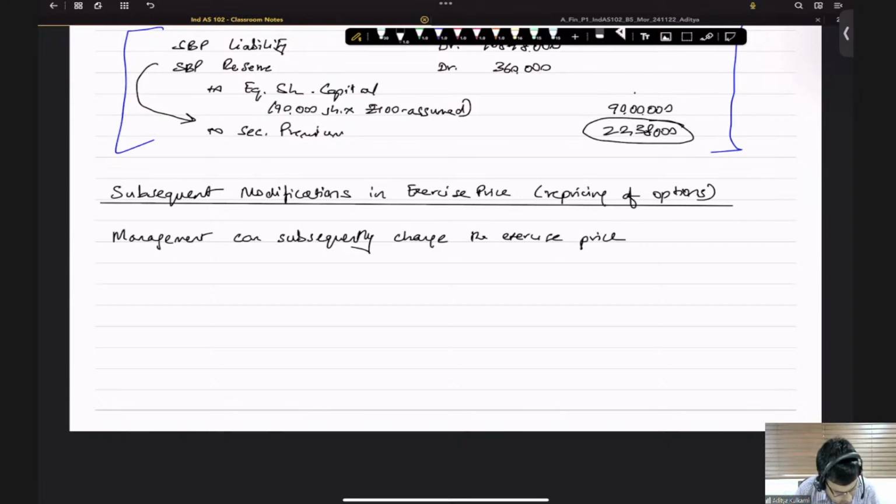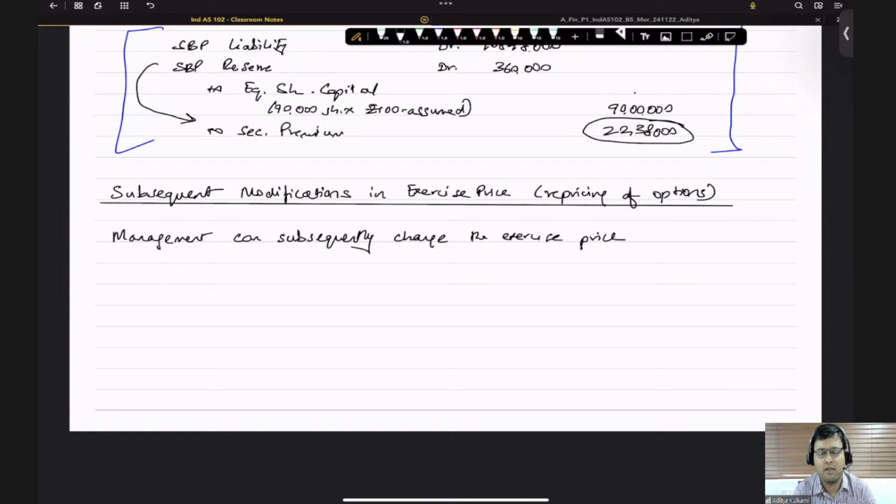See, exercise price means the price that the employee has to pay in order to exercise the option. This price can be modified. It's ultimately decided by the management, and management can alter it. Now we will be considering that modification which is beneficial to the employee, because that will result in an expenditure for the entity. The converse is not true.